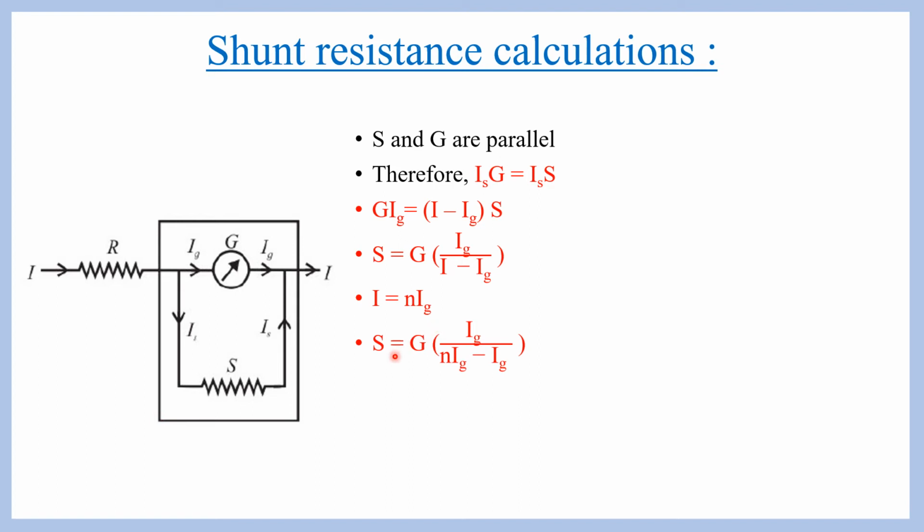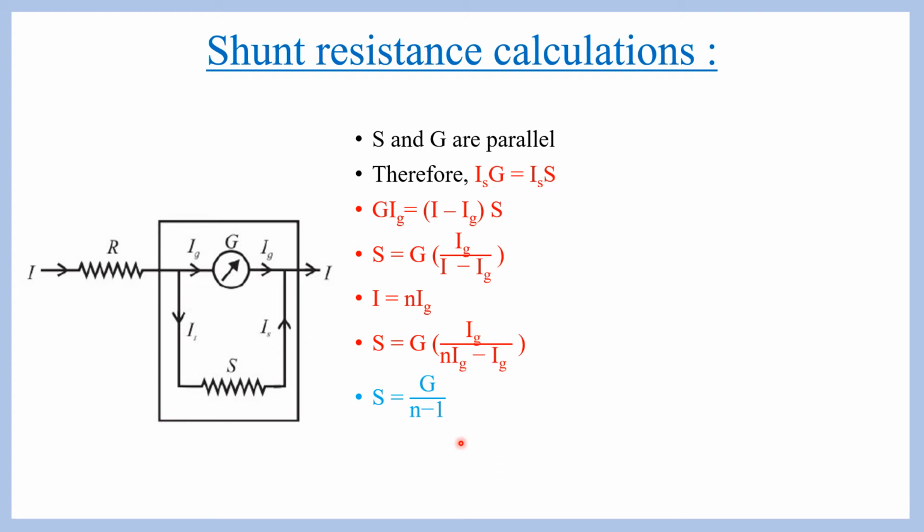You can see the shunt resistance S will be equal to G into Ig. In the place of I, we are substituting N times Ig. That is the maximum current that we have to measure using this ammeter will be equal to N Ig, so the shunt that has to be connected will be equal to G into Ig divided by N into Ig minus Ig. You can see Ig can be taken outside, the common factor can be cancelled, and the final expression for the shunt you will get is S equal to G divided by N minus 1.